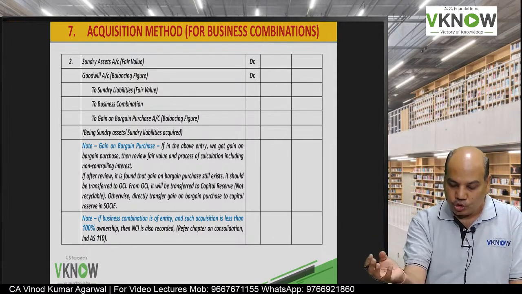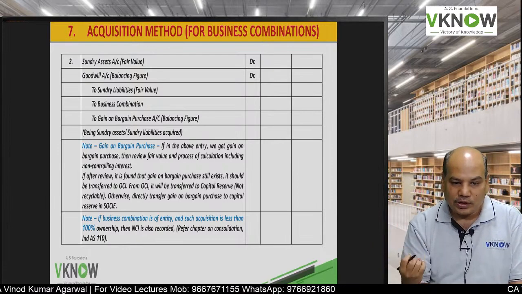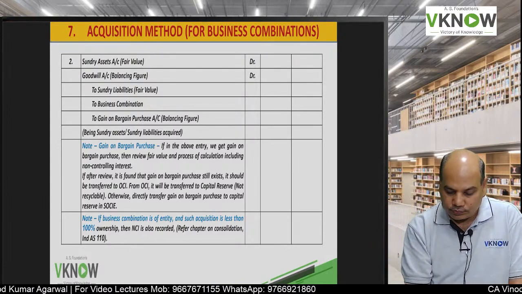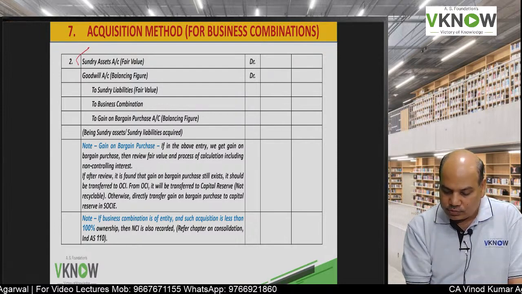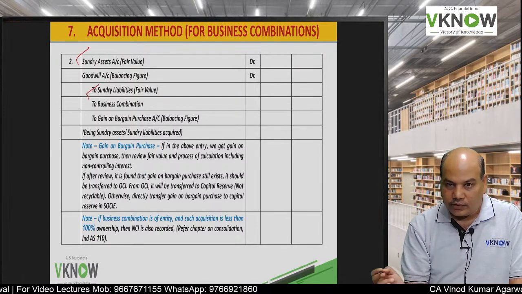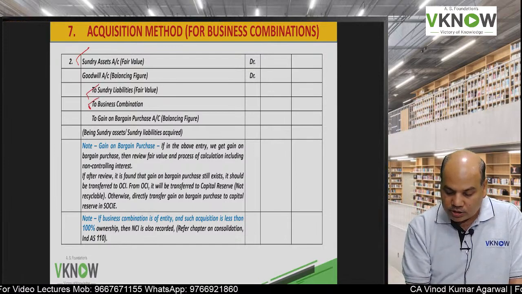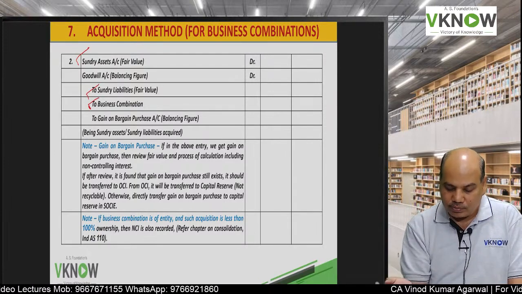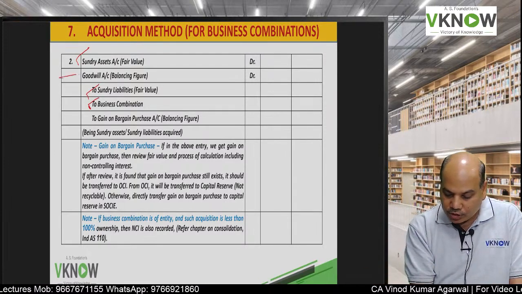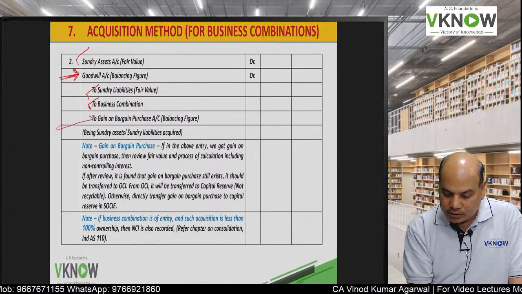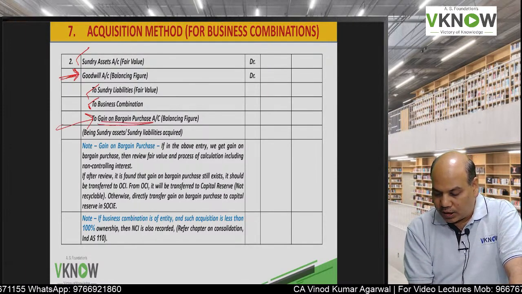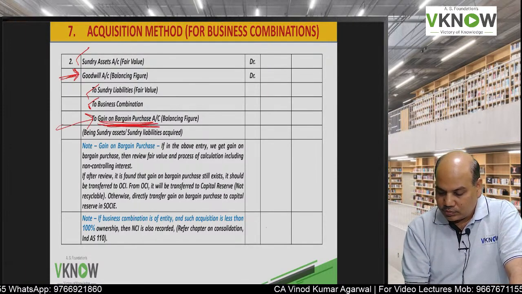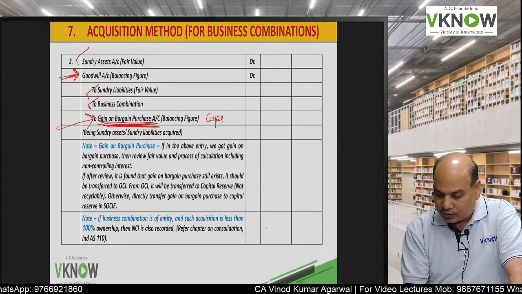Second entry, you will record the assets and liabilities taken over at fair value. Sundry assets account debit at fair value, to sundry liabilities at fair value, and to business combination account as per the previous line. If there is a difference on the debit side, goodwill will be debited. If there is a difference on the credit side, gain on bargain purchase account, which is what we call capital reserve.